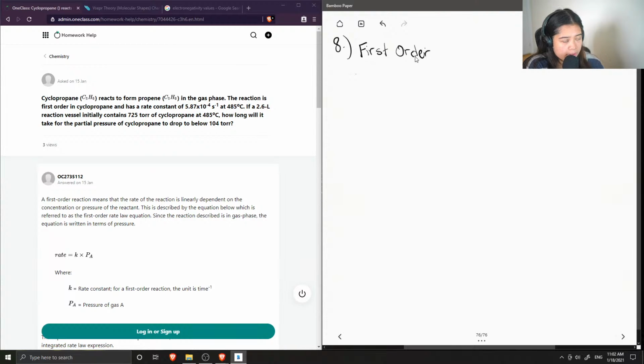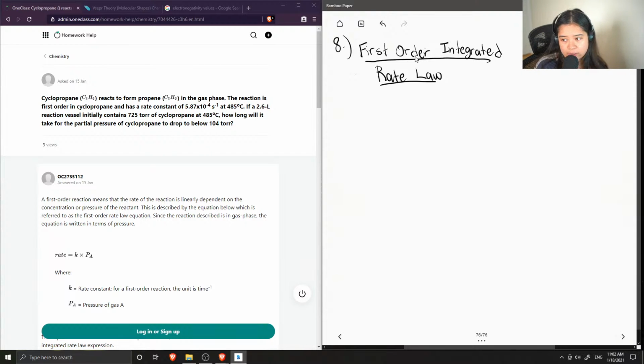And because we know that this is a first order reaction, then we can write down the first order integrated rate law. So there are different types of rate laws. You can have second order and third order as well.